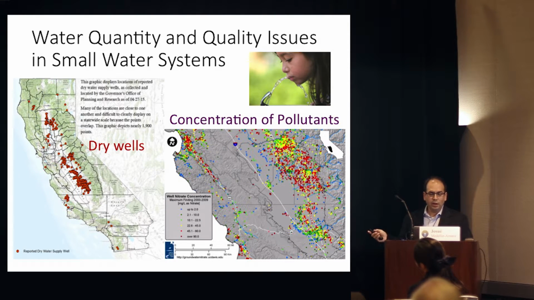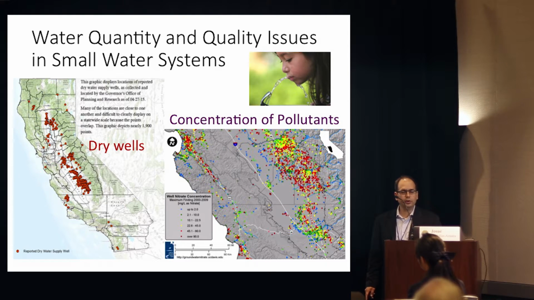Other areas that are losing in the state, and this comes from a study we did with the Public Policy Institute of California, are the small rural communities. That's something that has been touched on in some detail in this conference. So we have some groundwater quality issues with nitrate, as we've seen in the conference, and also we have loss of agricultural wells.